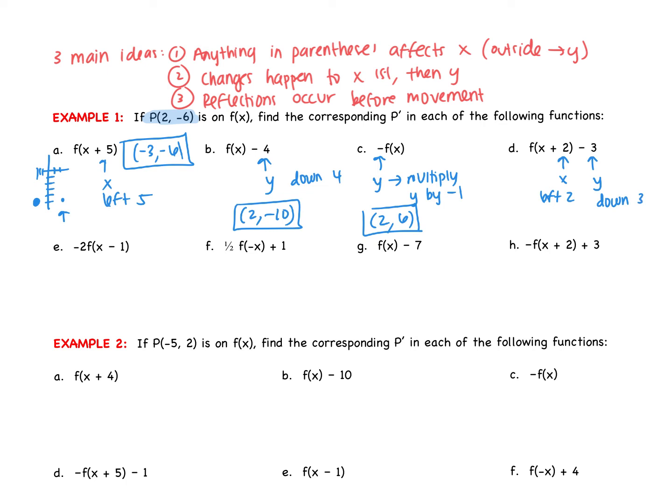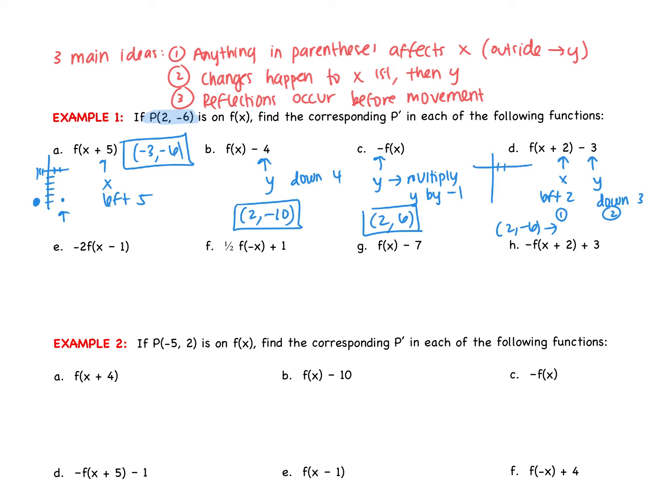So then the question is, which one do I do first, the left or the down? It's always the x first. So I number it, x, then y. So I take my point (2, -6). If I move it left 2, maybe you can picture it in your head, maybe you can't.